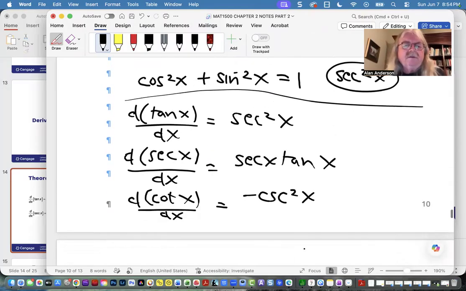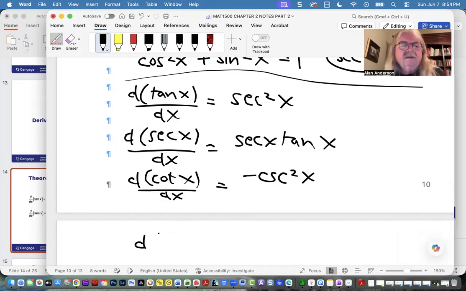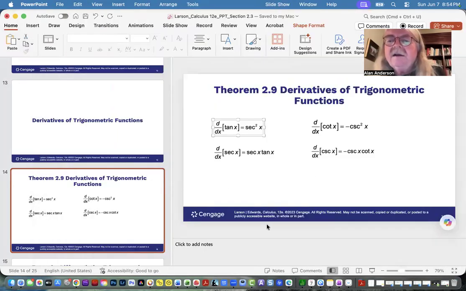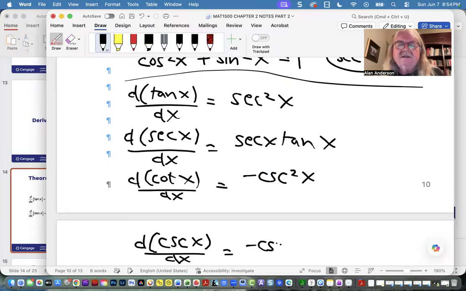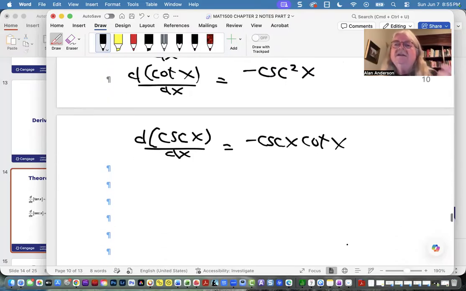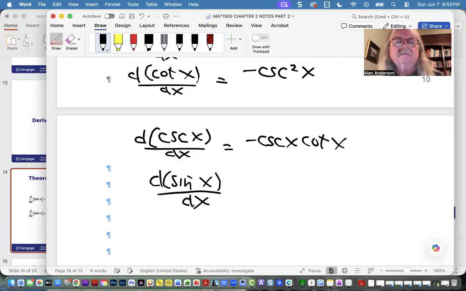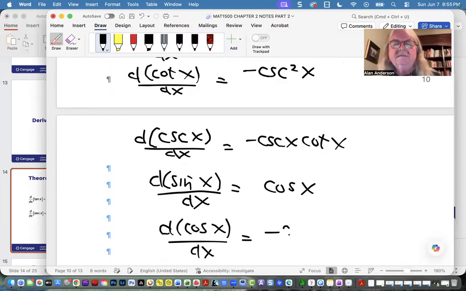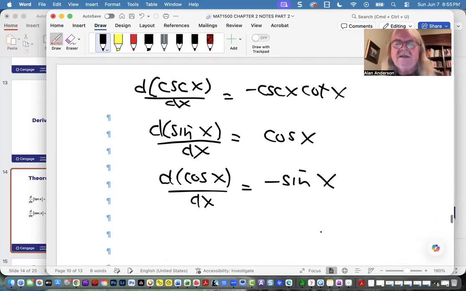And then finally, the one that's missing is the cosecant. And that gives us negative cosecant x, cotangent x. And that finishes them up. So the six basic trig functions, we now know all their derivatives to go along with the original ones. In case you forgot, which I'm sure you did not. And that's it. That's all of them.